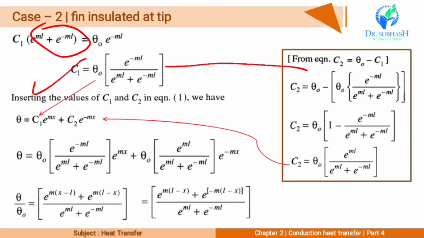Take theta 0 common and shift to the left hand side. So, we get theta divided by theta 0 is equal to e raised to m into x minus l plus e raised to l minus x divided by e raised to ml plus e raised to minus ml. Here just taking the negative sign common, we get e raised to m into l minus x plus e raised to minus m inside the bracket l minus x.